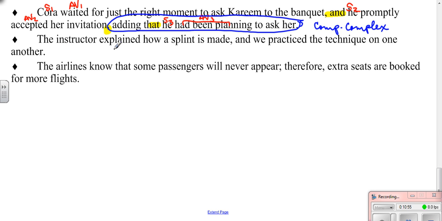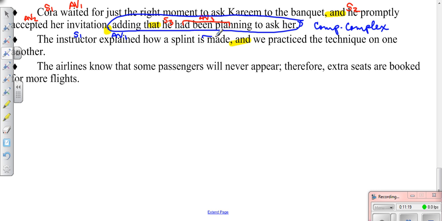The instructor explained how a splint is made, and we practiced the technique on one another. So when I go, I see my comma and. So I'm not sure if I'm dealing with a compound or a compound complex right now. So I have instructor, action verb, explained.